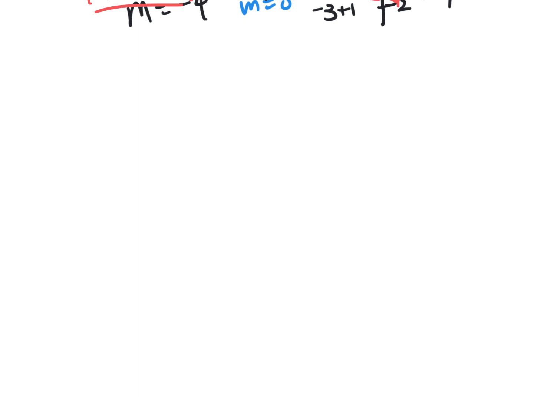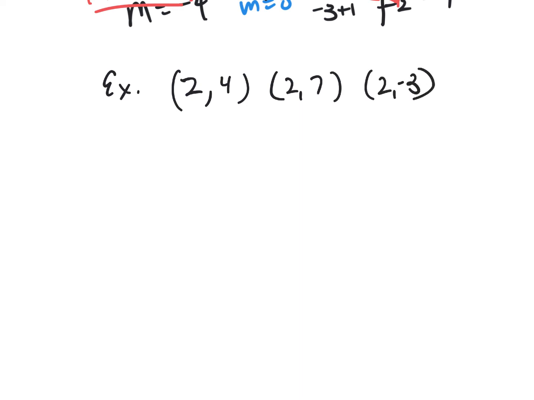All right, let's do another one. And let's say, let's do an ordered pair 2, 4, 2, 7, 2, negative 3. Again, I only care about the first 2. Don't even care about this guy.